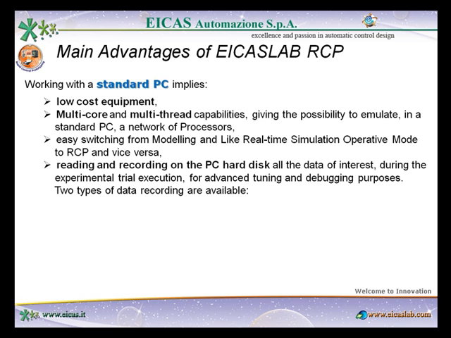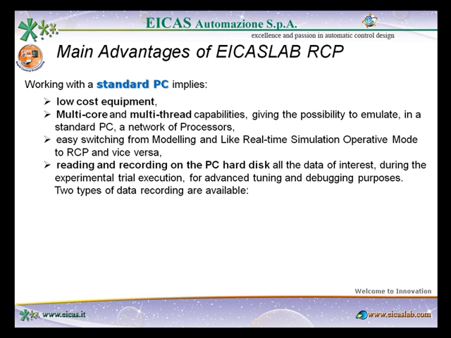Often, during the execution of an experimental trial carried on with embedded hardware, only a limited number of variables of the control system are accessible and can be monitored. But using a standard PC, you have the possibility to record big amount of data in its hard disk.